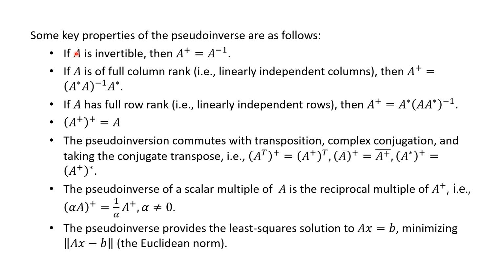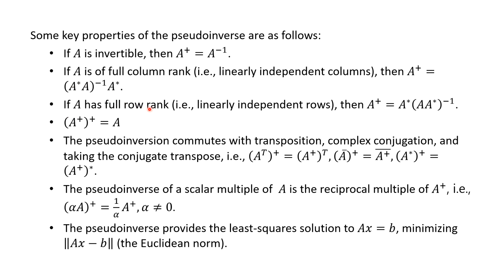Okay, so we have a number of properties here. If A is invertible, then the pseudo-inverse equals A inverse, so that's desirable. If A is of full column rank, in other words, the columns are independent, then the pseudo-inverse equals this. So whenever you have linearly independent columns, you get a formula for the pseudo-inverse, which is helpful, and we make use of this later on.